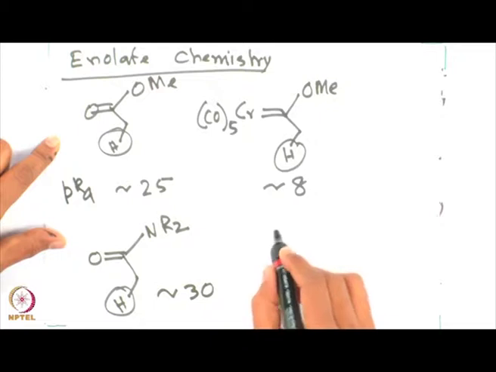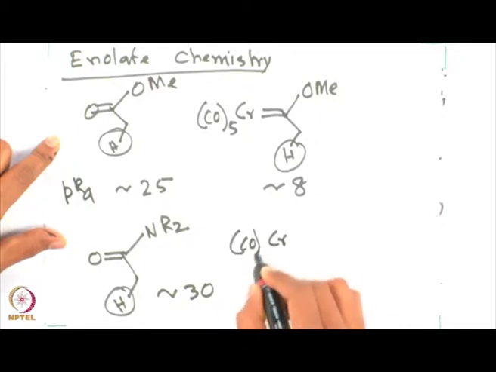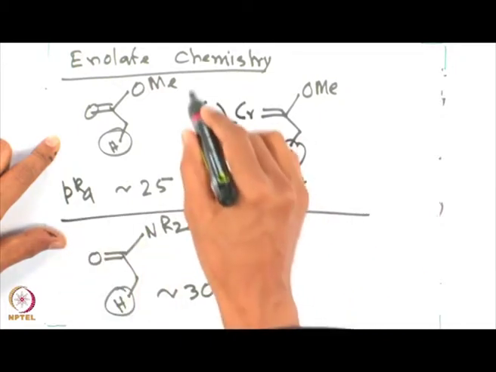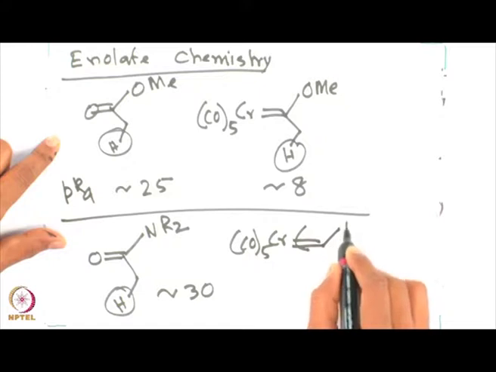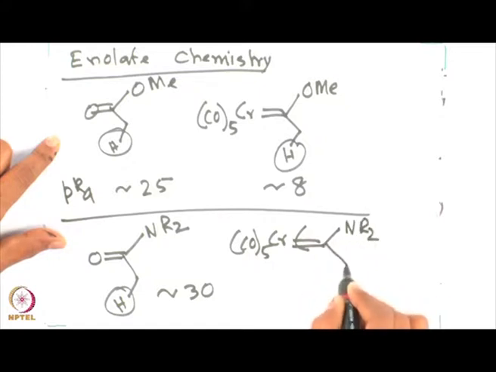If you have the chromium equivalent for the same thing, with this chromium reagent you have quite an acidic CH, this CH is nearly 20.